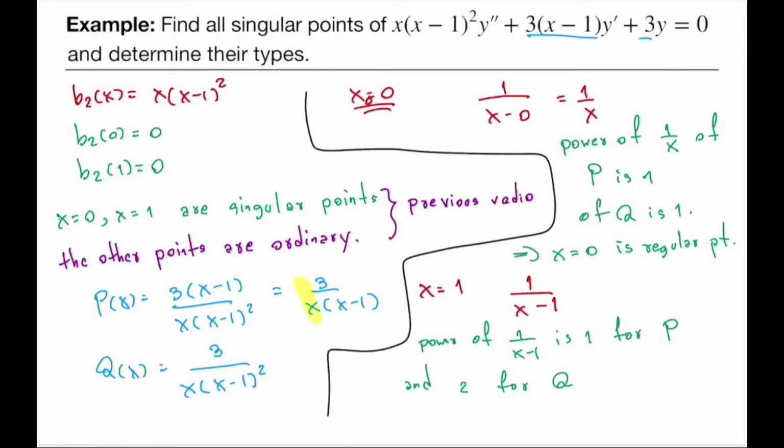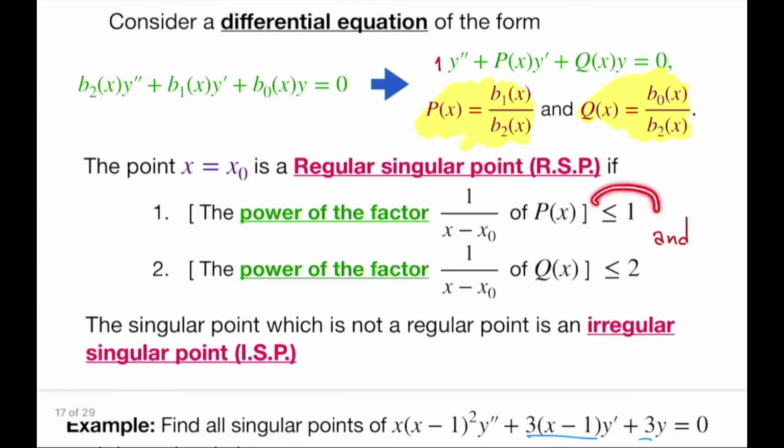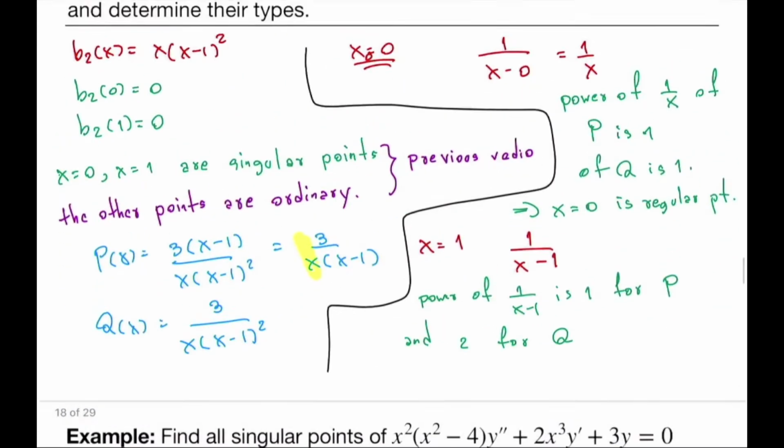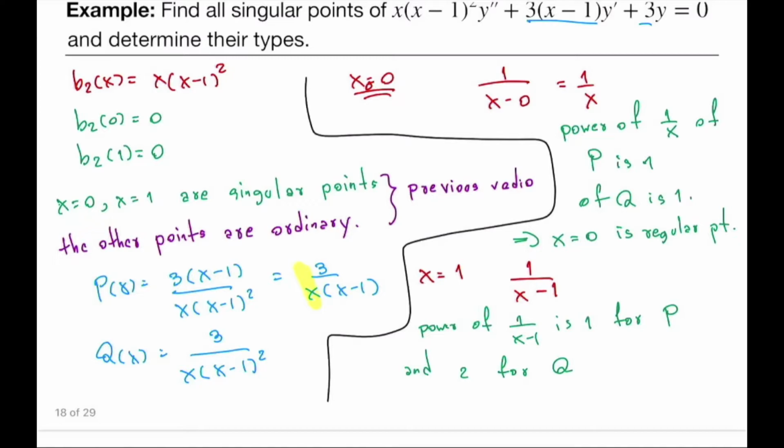As you can see here, you have 1 over (x minus 1) squared. So the power of this factor is 2 for q. But it's less than or equal to 2 for q. It means that x equals 1 is still a regular singular point.